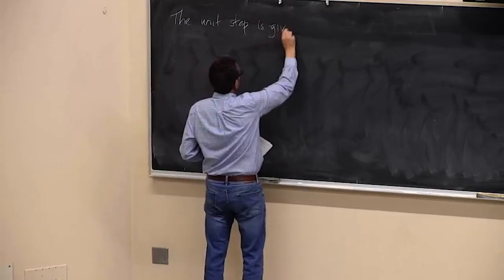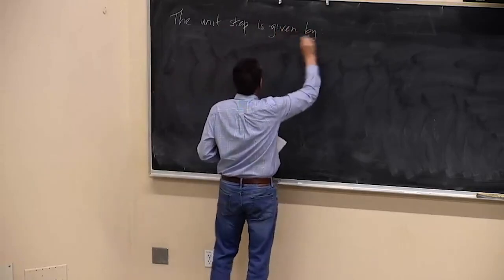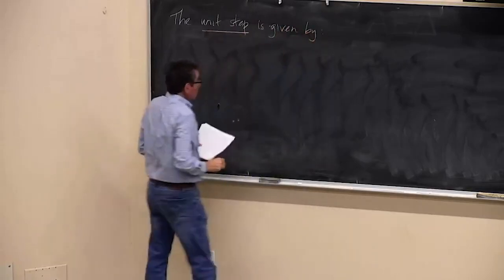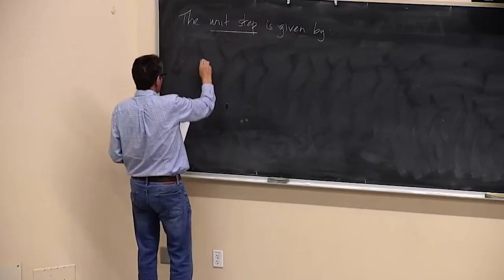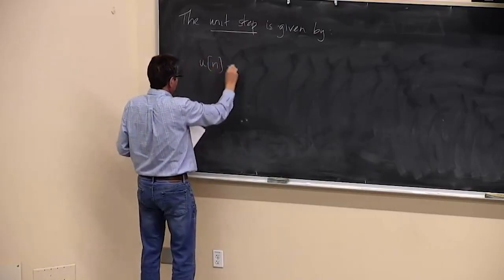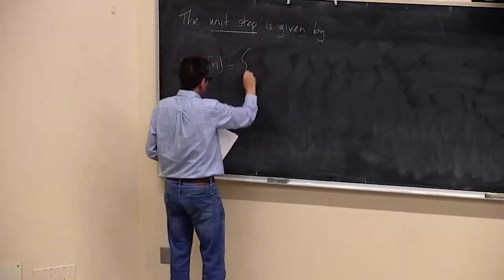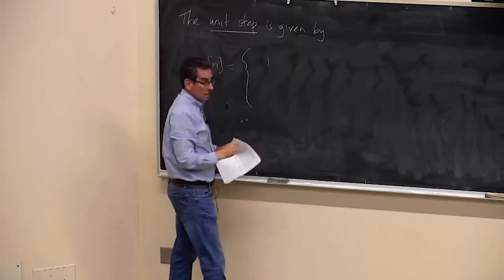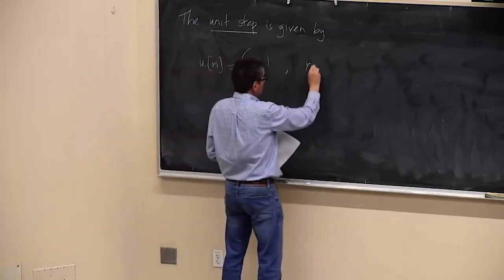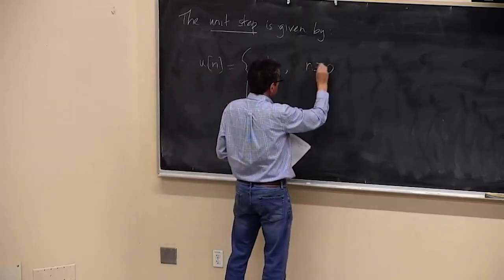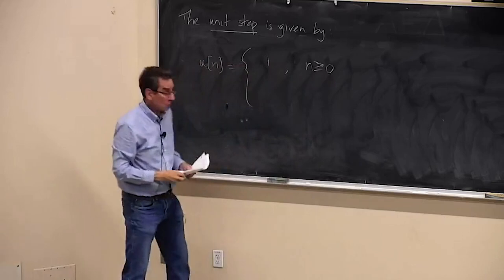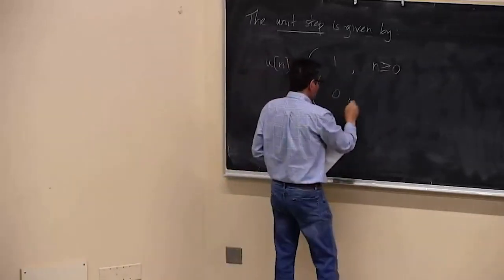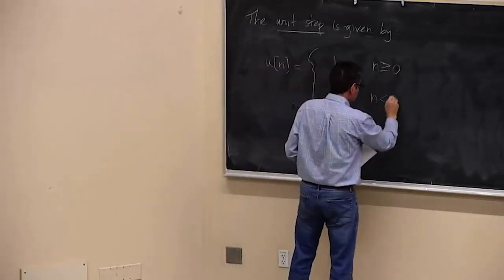So the unit step is given by the following definition. u of n is equal to 1 for n greater than or equal to 0. So the signal steps up at n equals 0, and it's 0 for n less than 0.